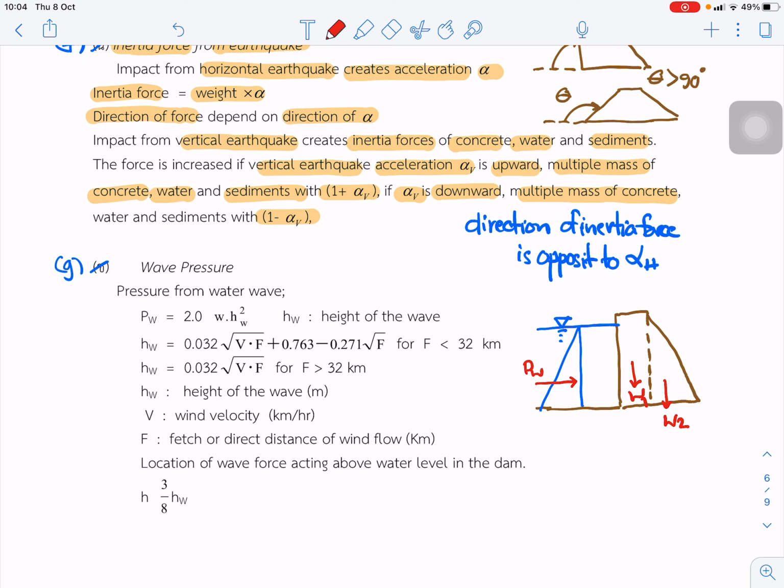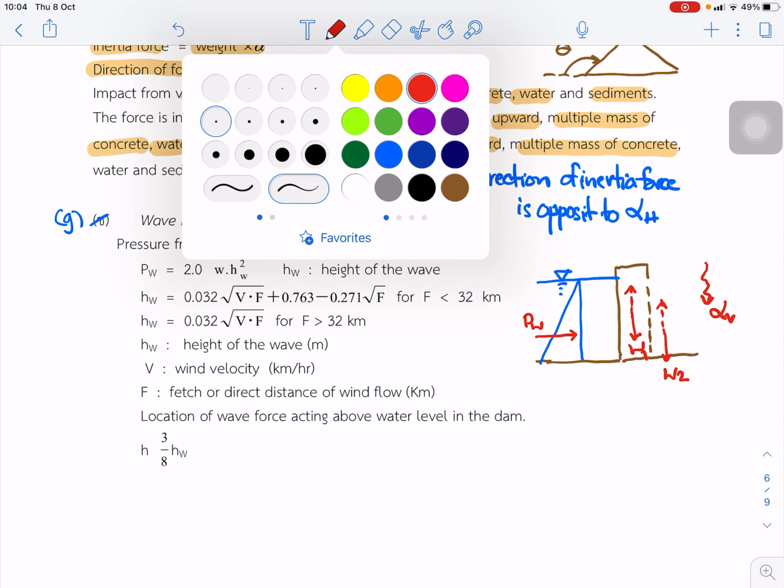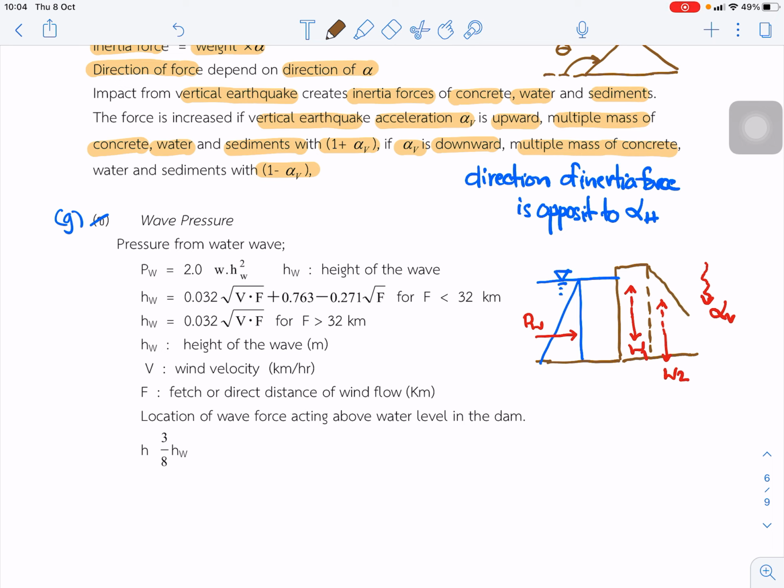In this case, if the acceleration is downward, like this, the inertial force is opposite to the direction of the acceleration.